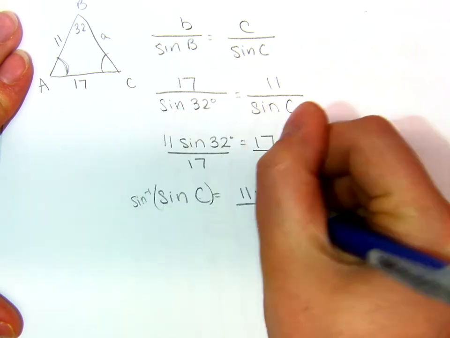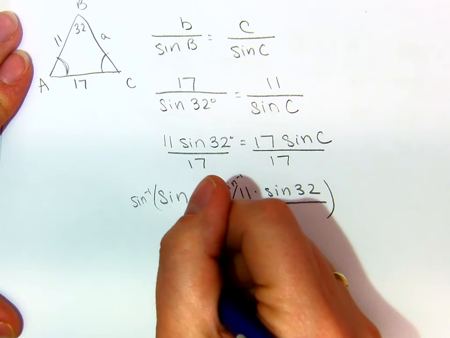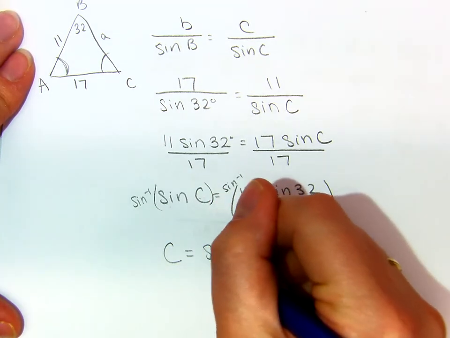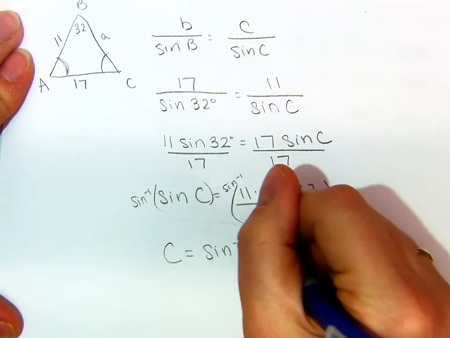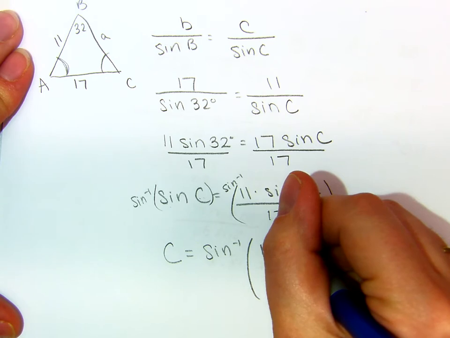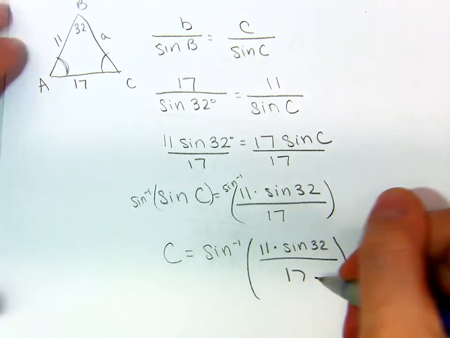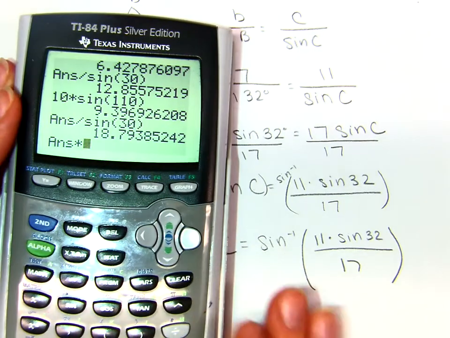So if I sine inverse, I would get C is equal to the sine inverse. I suggest typing this all in at once so you don't mess up anything. So sine inverse of 11 times the sine of 32 divided by 17. So again, I could type it right in my calculator.